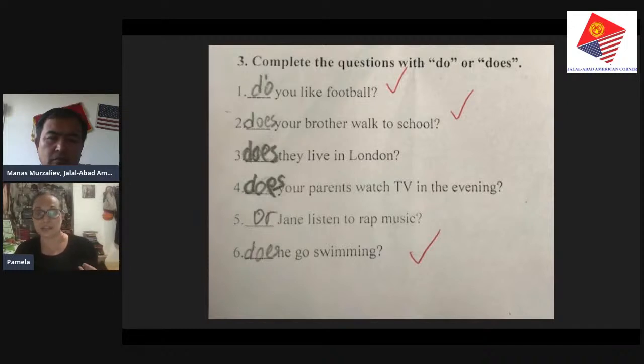And they answer me, I would be able to know immediately whether or not they understood that question, and whether or not they could use the simple present correctly, and maybe even the present continuous. So I could say, do you like football? And the student says, yes, I love football. I practice football every day. I like going to football matches. I play football with my friends. All of that would definitely check out.